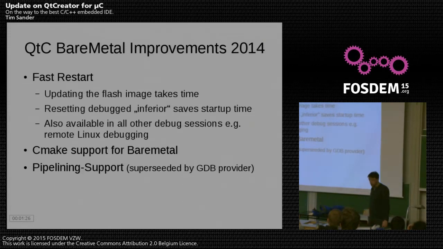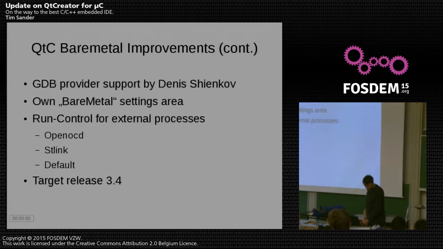Okay, CMake support has been enabled for the bare metal plugin, and there's been pipelining support, which has been superseded by the GDB provider. I'll talk about that in a moment. The GDB provider support has not been written by me, but by Dennis Chinkov. Thanks, by the way, for that.